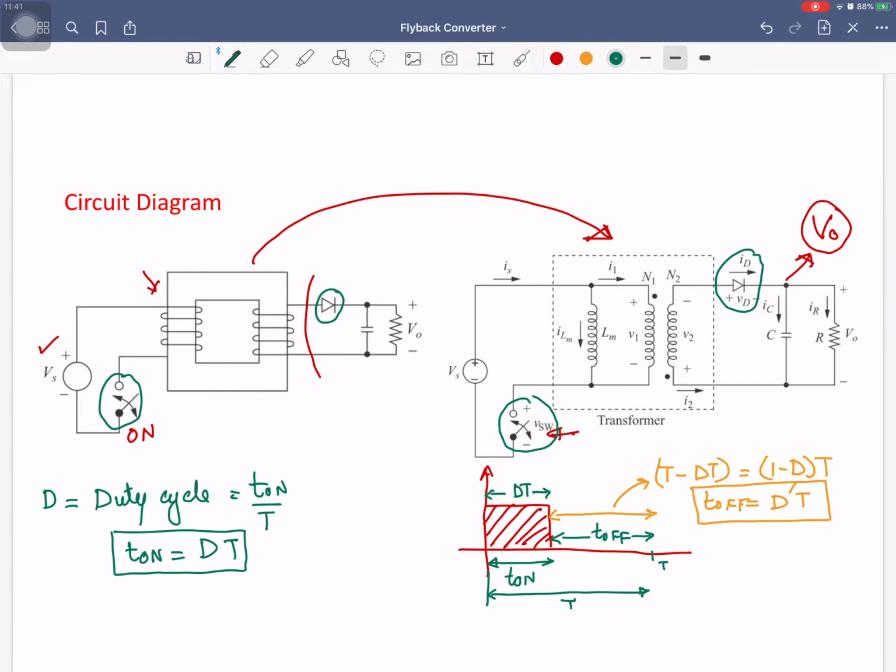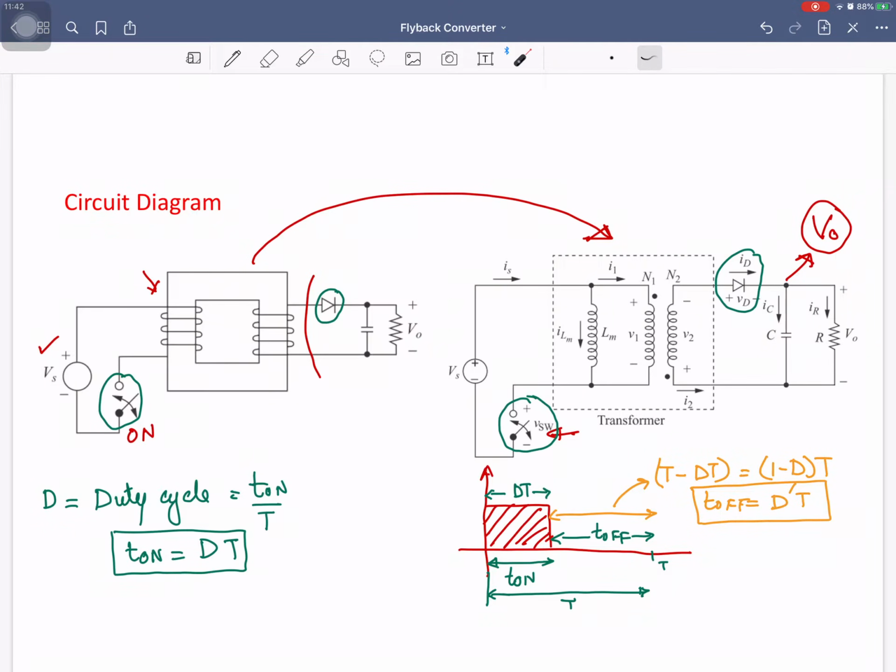Now we are going to divide it into two parts to understand its operation. The one state of the circuit is when your switch is in the on state, when your transistor is turned on by applying the gate voltage or the base voltage. So in that case, the path of the current will be analyzed and this circuit will be analyzed. I will call it mode 1. So mode 1 is when your switch Q is in the on state, and mode 2 will be the state when your switch Q is in the off state.